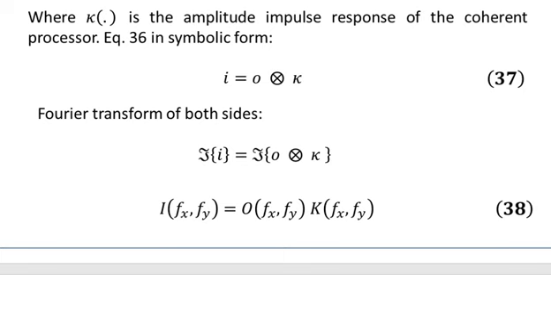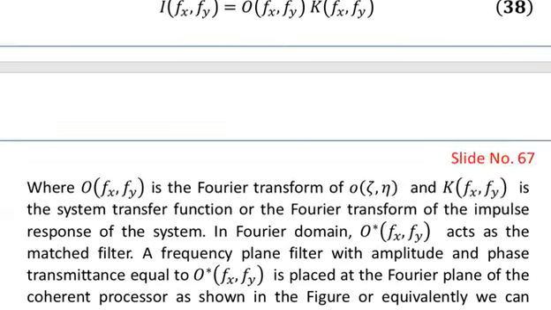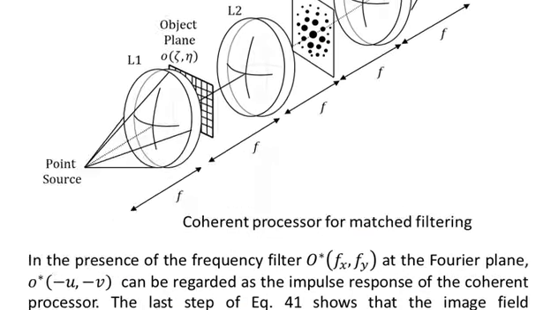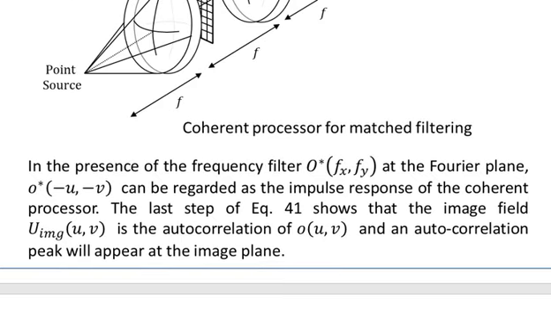So you see that in this equation, the quantity that will appear will be small o star at the coordinates minus u and minus v. That is, in the presence of the frequency filter capital O star at the frequency plane, small o star at the image plane minus u comma minus v can be regarded as the impulse response of the coherent processor.